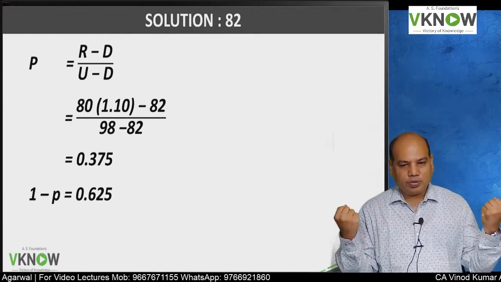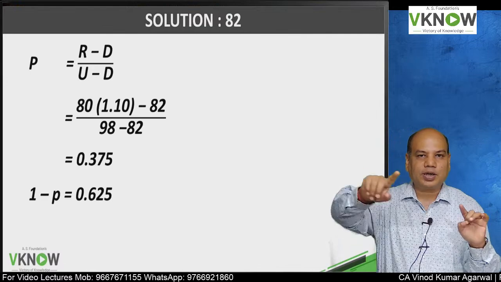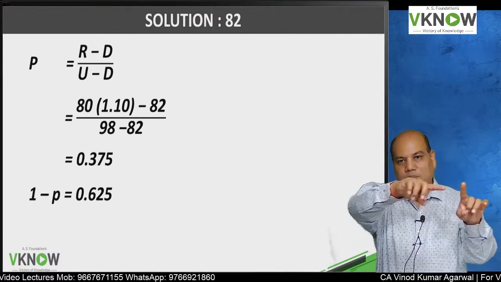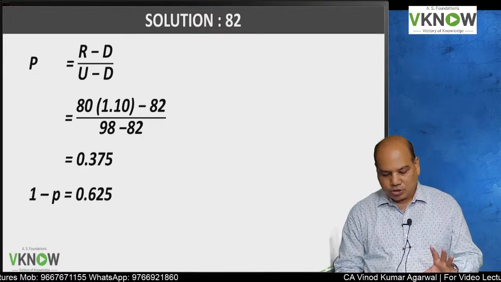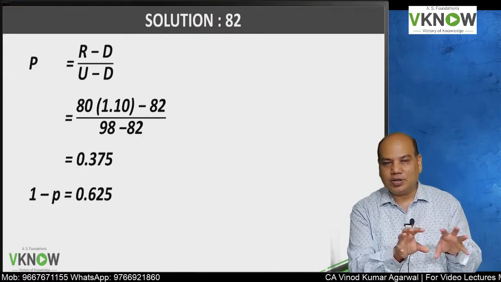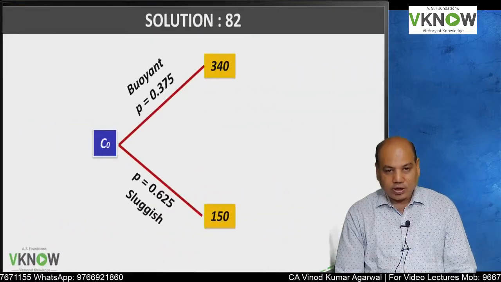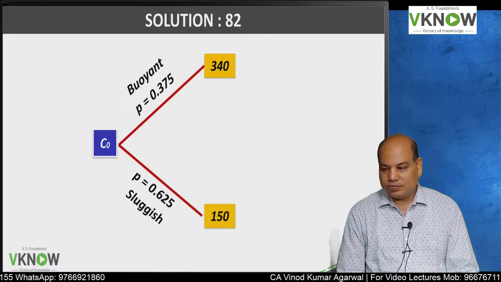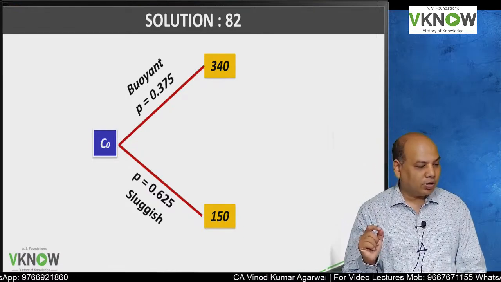Now we are ready with probabilities. We have the value of the call option when the price rises, 340, and when the price falls, it was 150 or something. So just multiply these probabilities and those values, and you will get the expected NPV. Draw the diagram for understanding if you want.